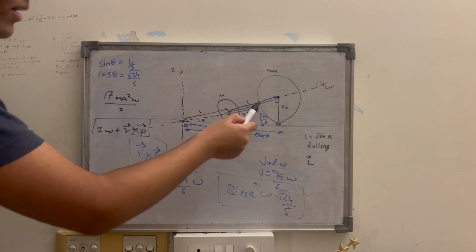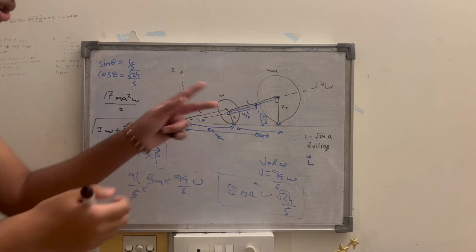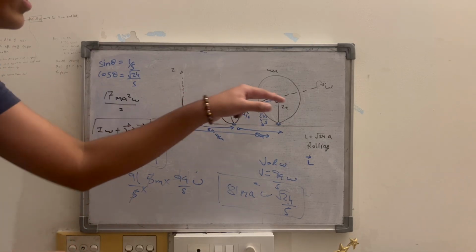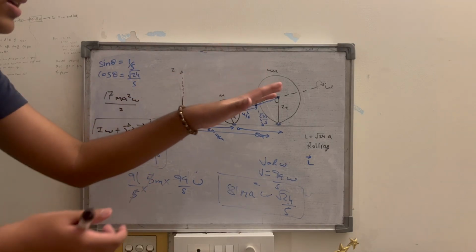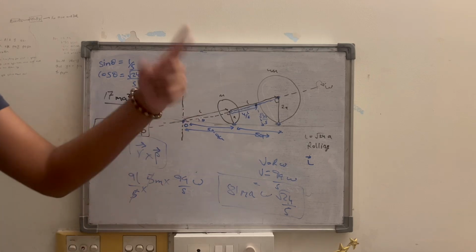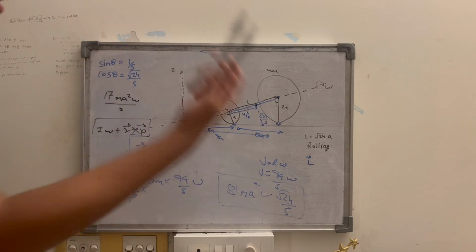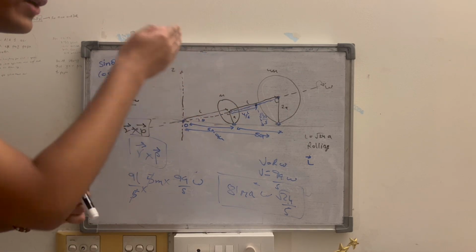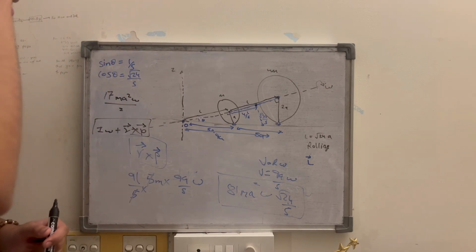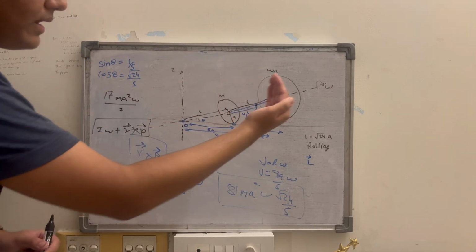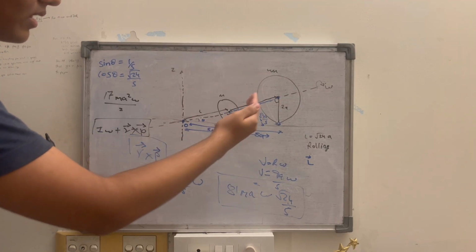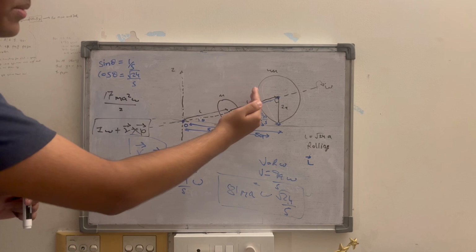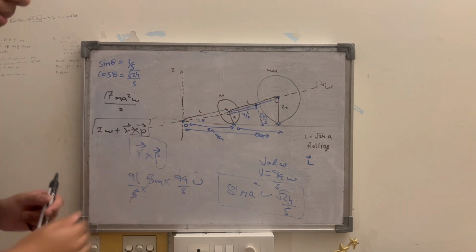So relative to the center of mass, if you sit on the center of mass and look at these two discs, for you they are just rotating. They're not actually doing any translation motion relative to you, because you are moving along with them. As this disc moves like this and this disc moves like this, similarly the center of mass has also moved some distance with them.